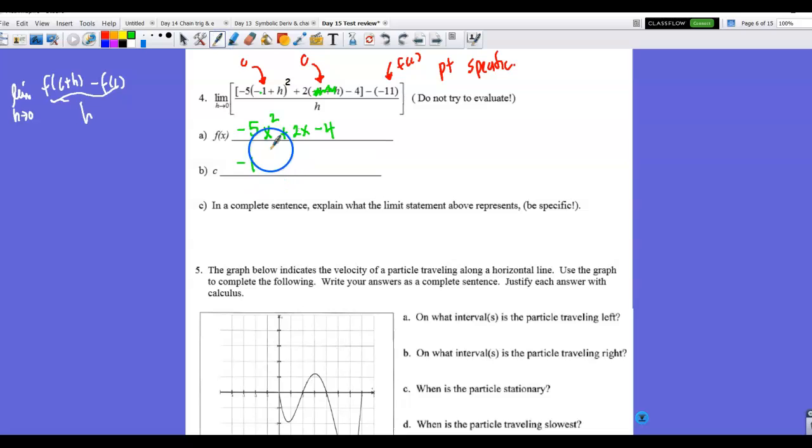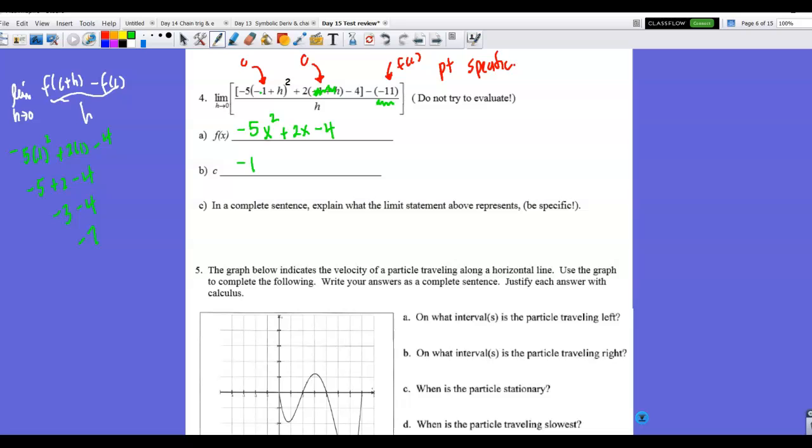But I have to make sure that that c value produces a y value of -11. So I'm going to do a little check over here. -5 times 1 squared plus 2 times 1 minus 4. That gives me -5 plus 2 minus 4, so -5 and 2 is -3, minus 4 is -7. That's not -11.